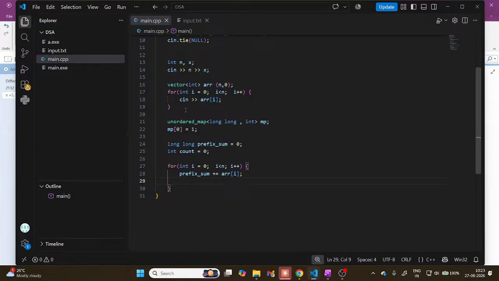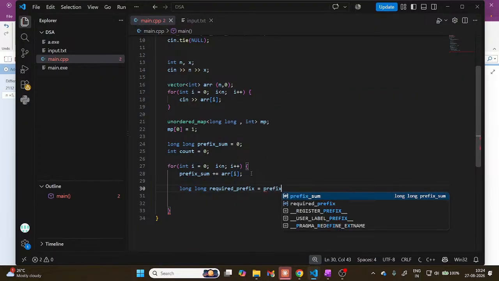Now one thing I need is a long required sum, or required prefix we can say, is equal to prefix sum minus x.